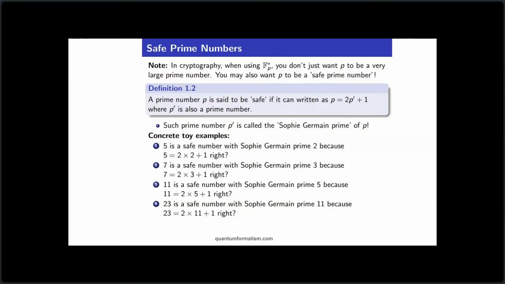I hope I didn't make a typo. I'm terrible with concrete examples. So go play around with this, because it will come in very handy later on in the next session. And also, if you are doing any cryptographic implementation, you need to be careful which type of prime numbers you pick.